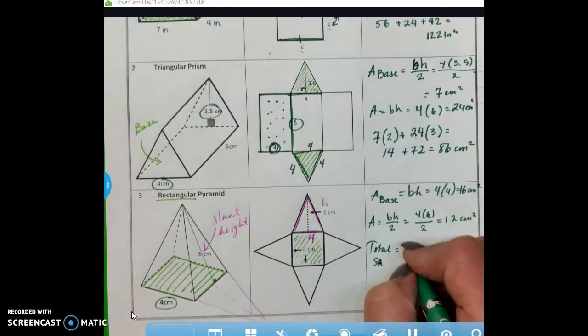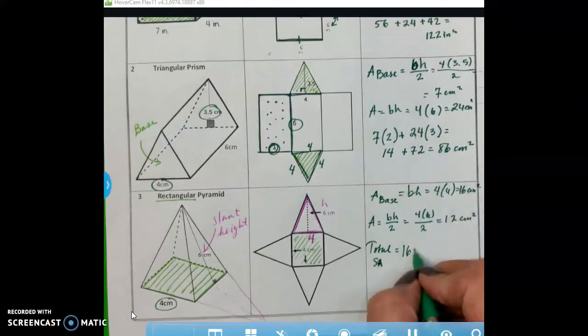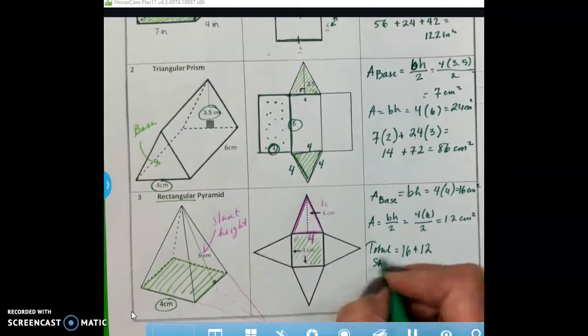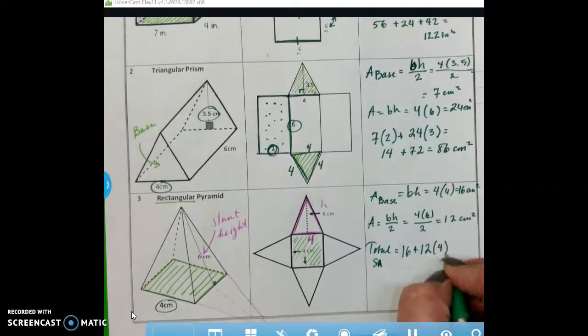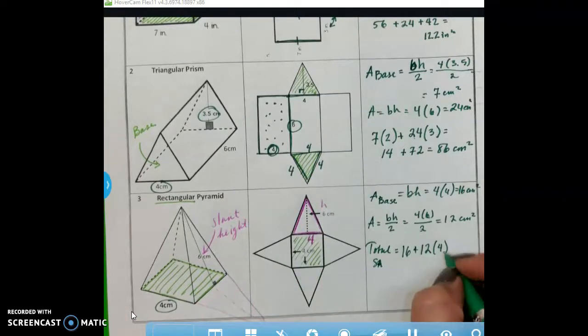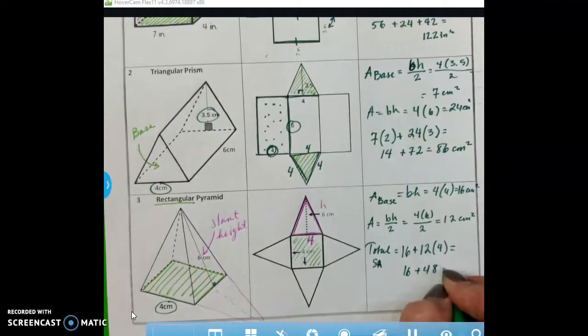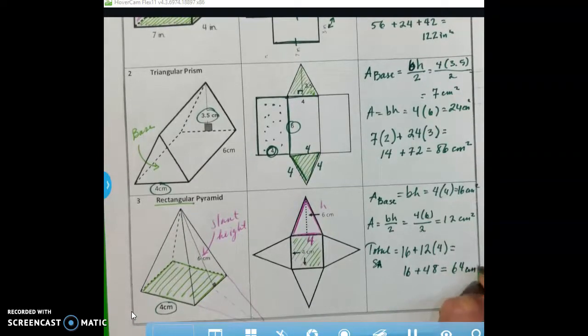Just don't forget, we have one base, so it's 16 plus 12 times 4. Why am I multiplying this by 4? Because I have 4 faces. 1, 2, 3, 4. 16 plus 48 for the total of 64 square centimeters.